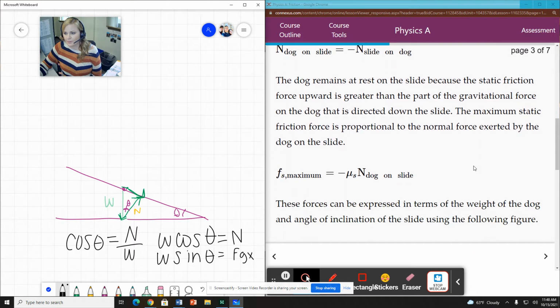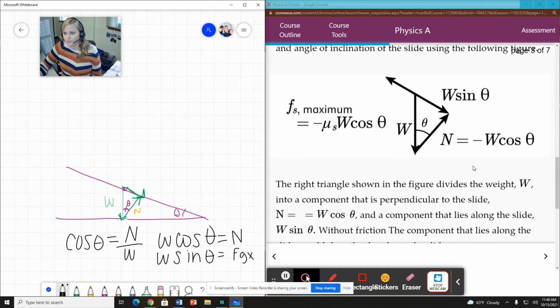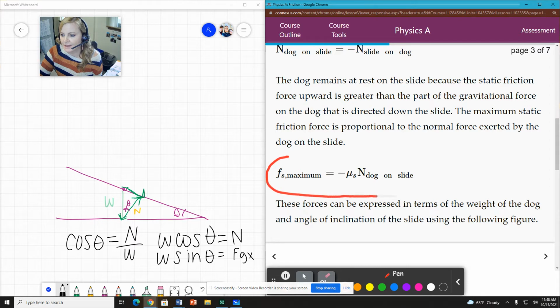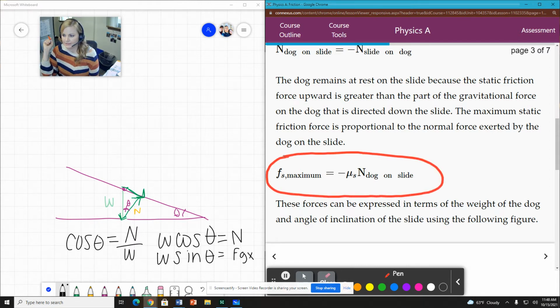Basically, what we need is a definition of friction here. Static friction, F sub S maximum, is a measure of the normal force on the dog and the coefficient of friction.